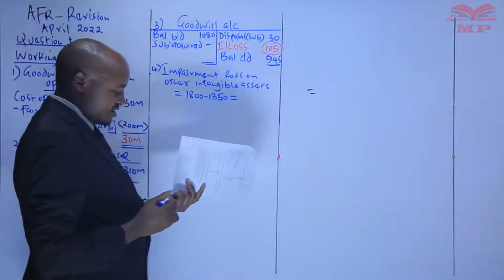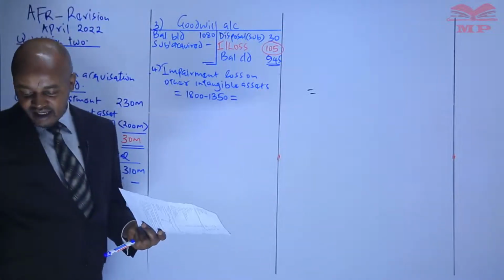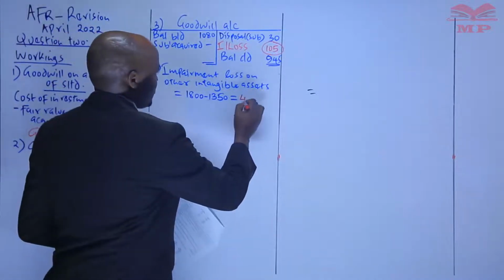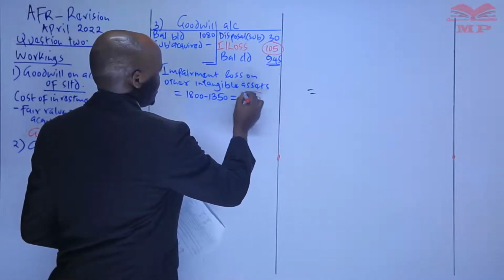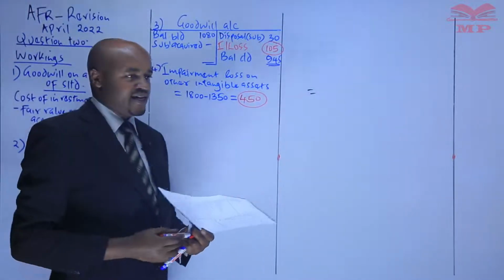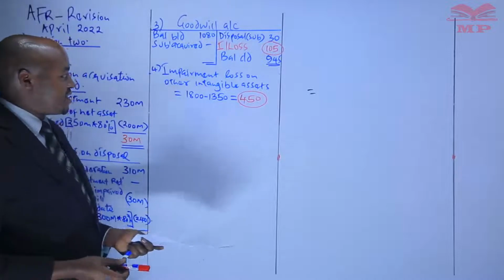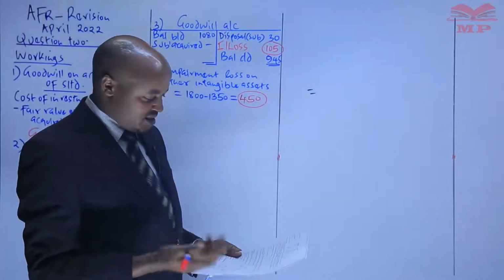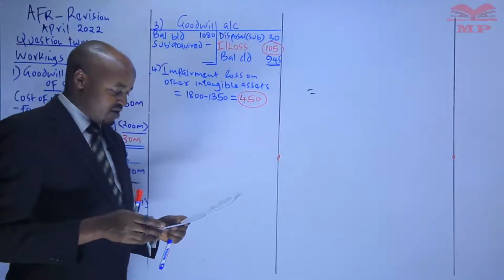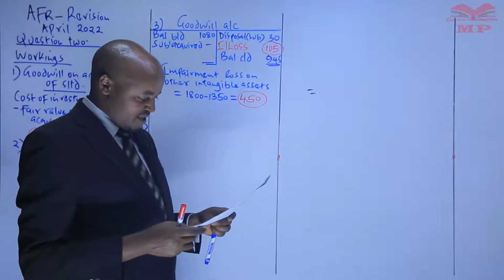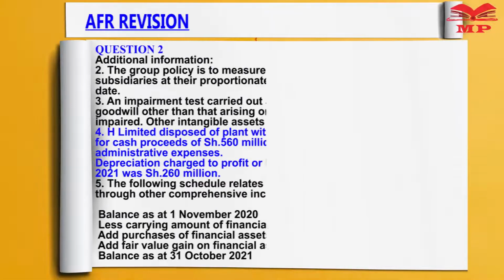So therefore here you can see we have a decrease in the value of intangible asset. A decrease of 450. Now this decrease in the value for intangible asset is the loss of value of intangible asset. Generally, we refer to it as amortization, but here the examiner referred to that as impairment loss, which is just one and the same thing. Yes, so we are through with that note 3.